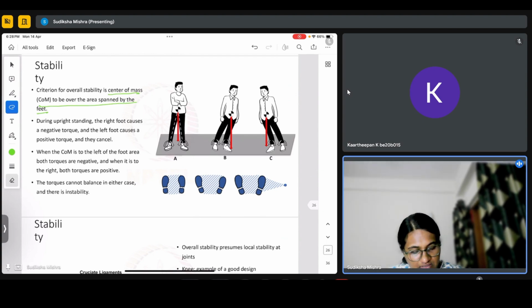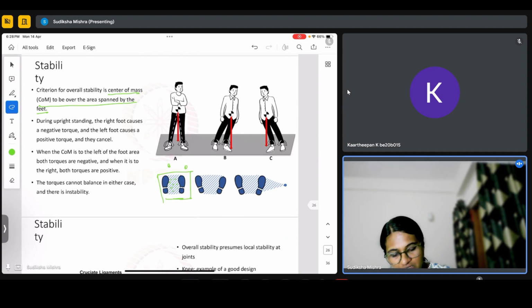So if this is the area spanned by the feet, the center of mass can be somewhere around here. It shouldn't lie somewhere here. If the center of mass lies somewhere outside of this area, it is known to be instability.